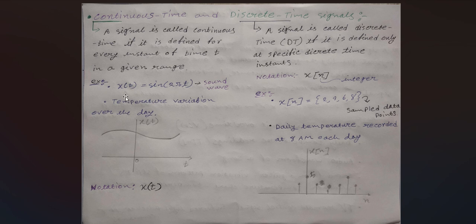Example, x(t) = sin(2πt), sound wave, temperature variation over the day, a continuous graph. Notation x(t). Discrete time signal: if it is defined only at specific discrete time instants, notation x[n], where n is an integer.